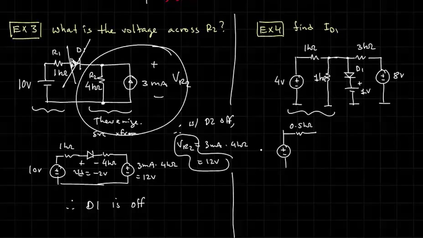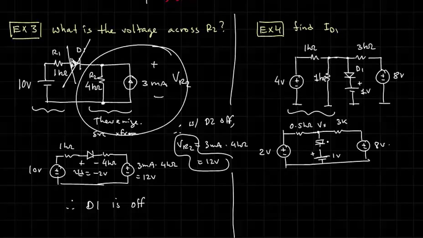So it's 2 volts, right? So this is what I have. I have 3K and 8 volts over here. Okay. Now, I have this diode here, and I'm going to call this node Vx.